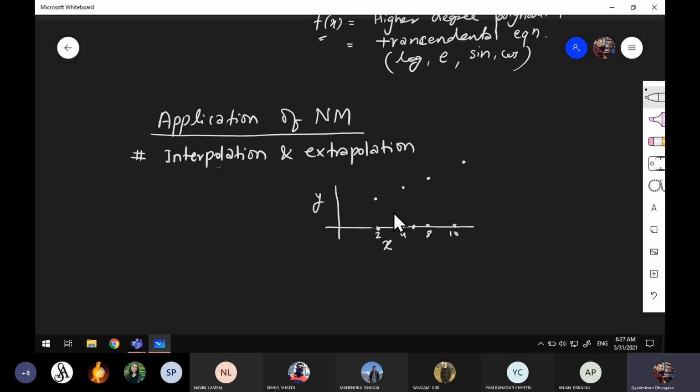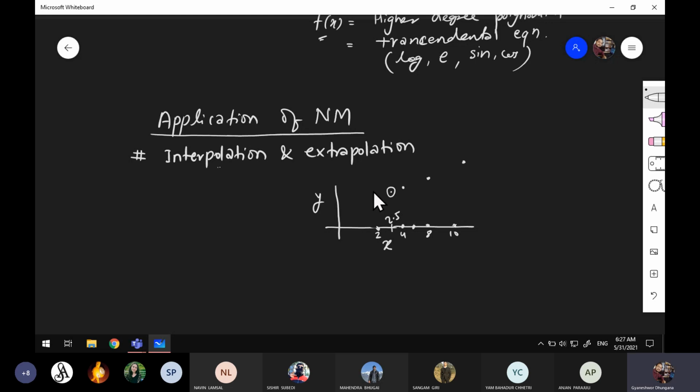Then for 2.5, what will be the value of y? If we want to find this value, which is not given in the set of observations, the problem becomes an interpolation problem.